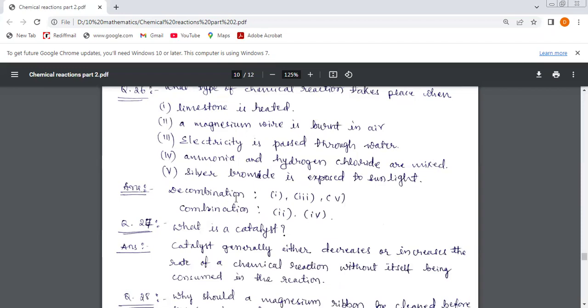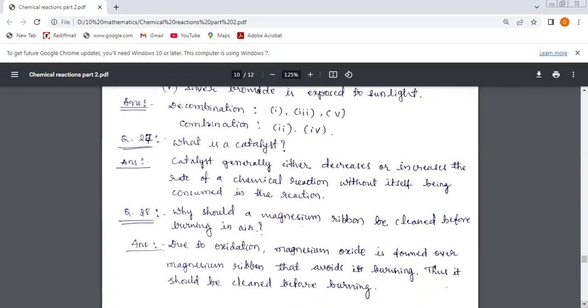Decomposition reactions are 1, 3, and 5: limestone is heated, electricity is passed through water, and silver bromide is exposed to sunlight. Combination reactions are 2 and 4: a magnesium wire is burnt in air, and ammonia and hydrogen chloride are mixed.